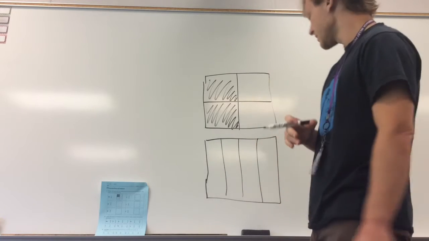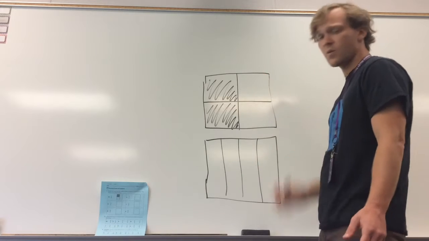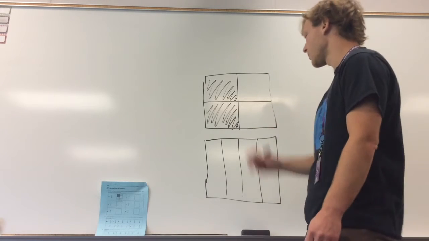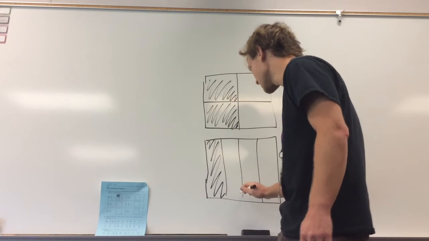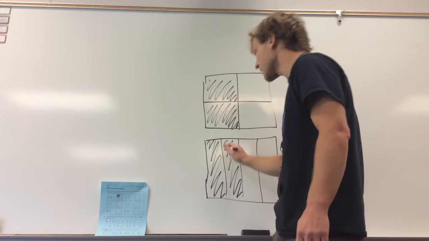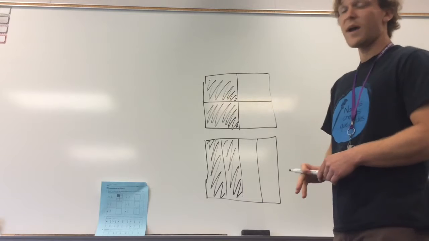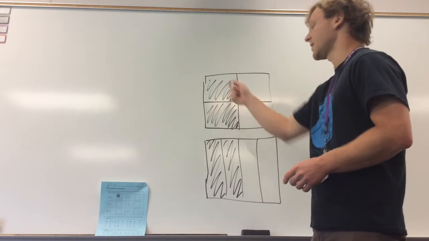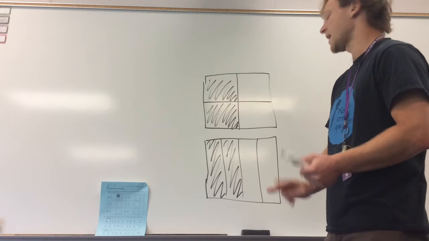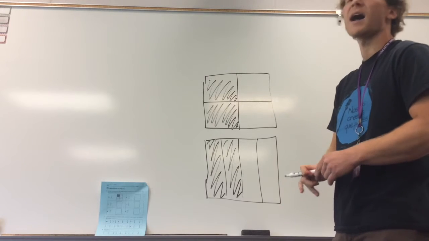These parts are all the same size because we've taken the same size square and we've broken it up into 4 equal parts. So if you decided to shade in 2/4 this way, guess what, mathematicians? That's correct as well. So there might be different ways of doing this, but you land at the same answer. As long as 2 out of those 4 equal parts are shaded, you got it.